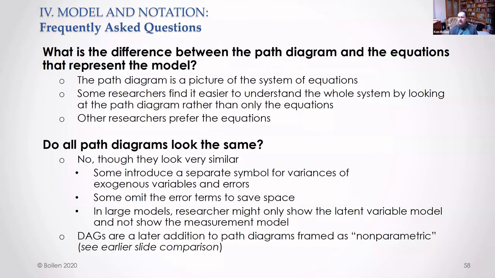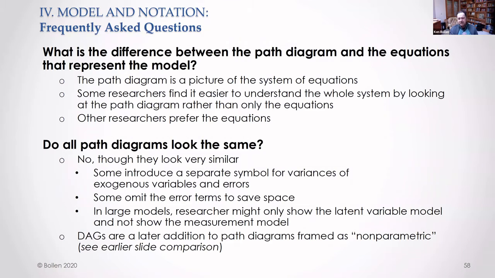Sometimes people omit the error term just to save space. If you have a complicated model and there's so many variables in there, you have to use judgment. At what point is the path diagram so complicated that it's losing its utility? And sometimes you can stretch it a little bit further by not showing things like the error term.